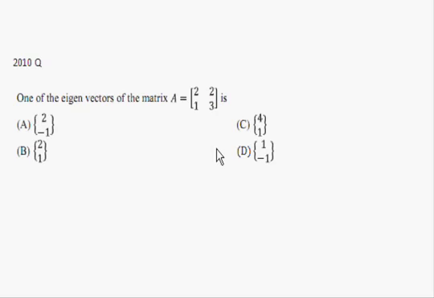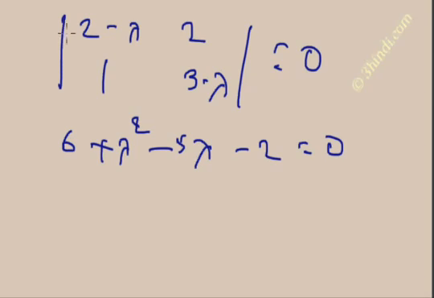This is a 2010 question. One of the eigenvalues of matrix A is this. To find the eigenvectors, you first need to find the eigenvalues, and the procedure of finding the eigenvalue is the same. Put lambda in the diagonal elements and determinant is equal to 0.